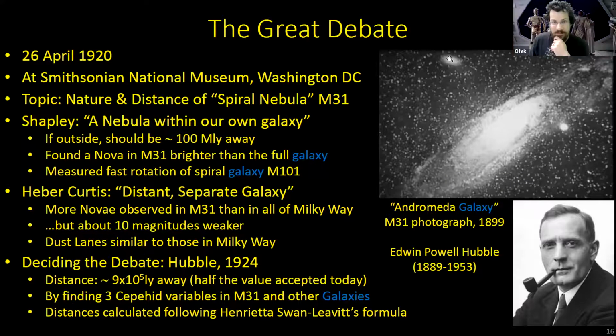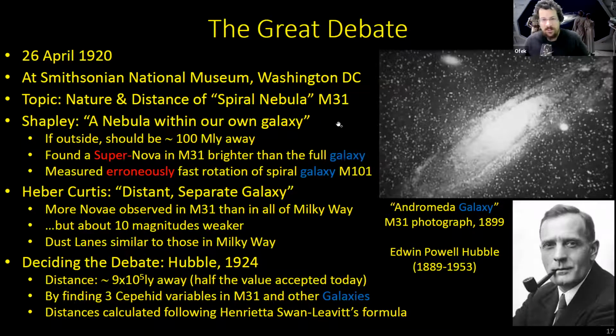Here on the top right, there's another galaxy. And this is again an 1899 picture. So today we know of hundreds of millions of galaxies in the universe, or estimate their number to be something like that.